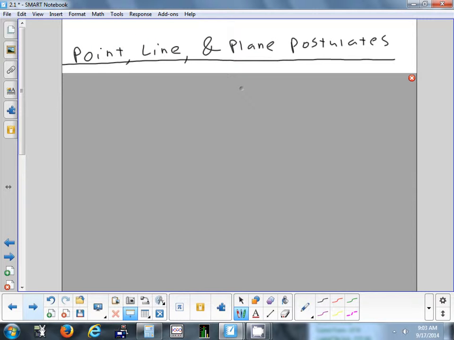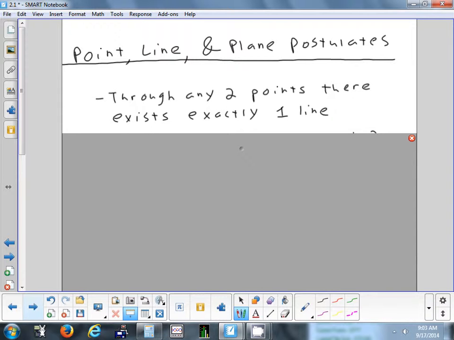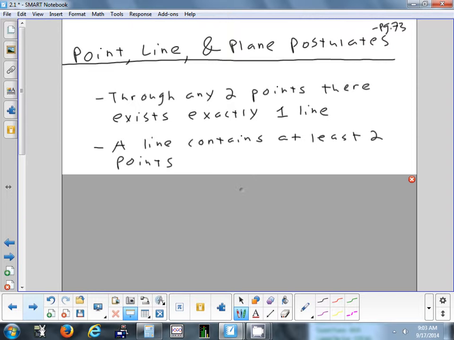So the next thing we're going to look at, I'm going to put it up, but it's all on page 73 in your book. I'm not going to leave it up very long, but it's all the point, line, and plane postulates we've already studied. Except now we're going to take one of them and put it in if-then form. One we studied is, through any 2 points, there exists exactly one line. A line contains at least 2 points.